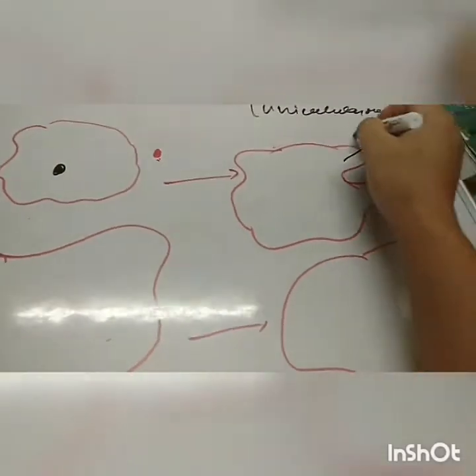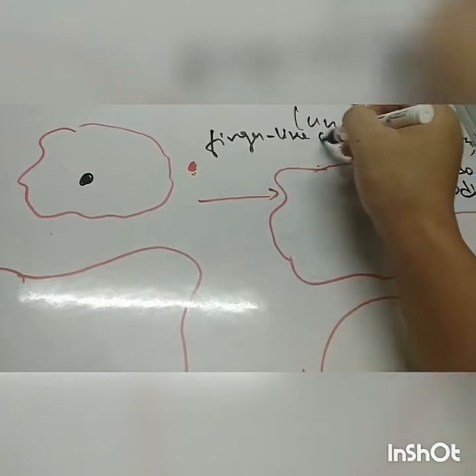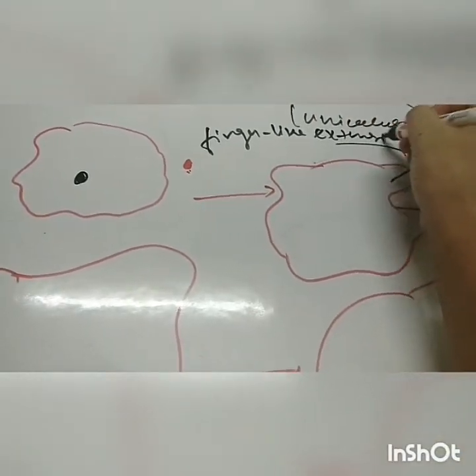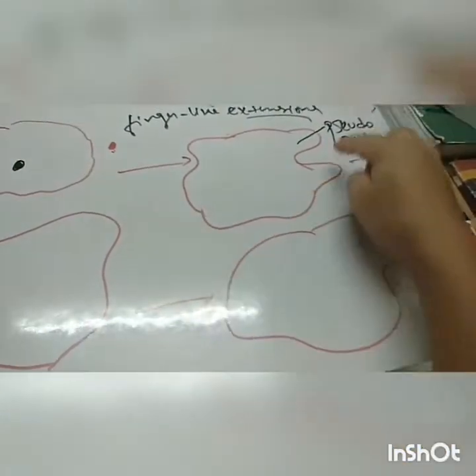Okay, these are finger-like extensions, similar to our fingers, you know. Amoeba has a very peculiar structure, which is pseudopodia.